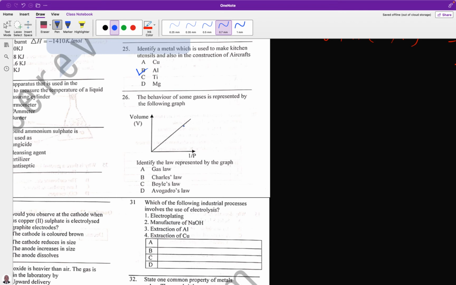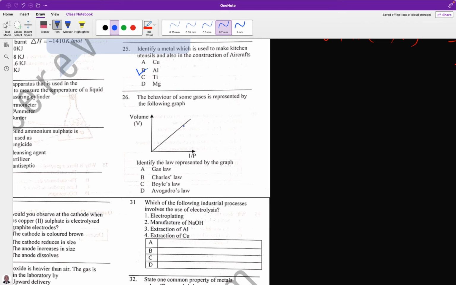Robert Boyle, in 1662, if I can still remember, stated in his law that the volume of a given quantity of gas is inversely proportional to its pressure, provided the temperature is constant.